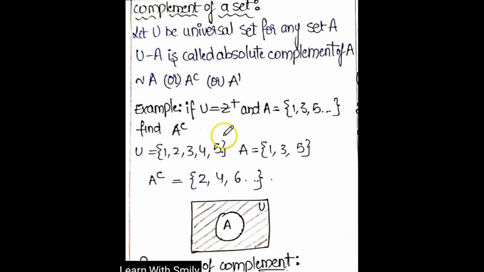Suppose we are taking U containing all the positive integers and A containing 1, 3, 5 and so on. The complement will be the elements not in A, the complete opposite of A, that means 2, 4, 6. Here A contains all the odd numbers, so the complement of A will contain all the even numbers, and this is the representation in Venn diagrams.